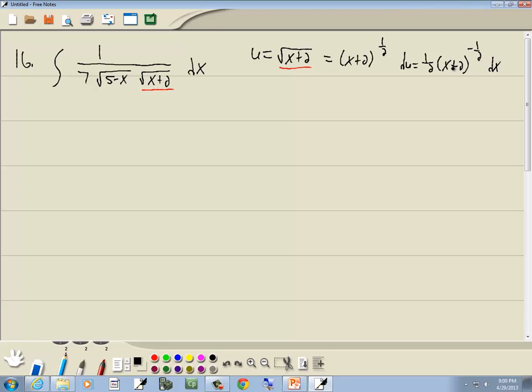Now we'd multiply times the derivative of what's inside the parentheses, but the derivative of x plus 2 is 1. So this gives us du is equal to 1 over 2 times x plus 2 to the 1/2 dx, which is 1 over 2 square root of x plus 2 dx.